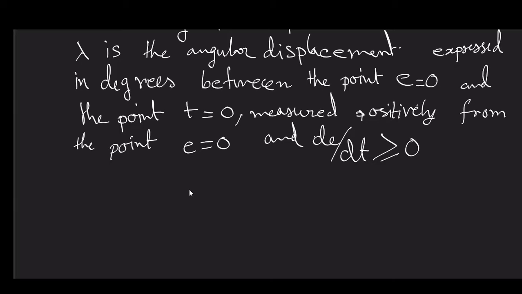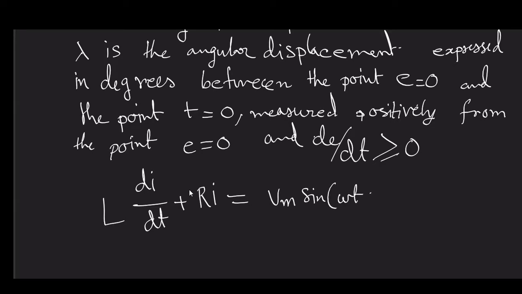Now for the DC case, let me write the equation once again for our ready reference. It is L di/dt plus Ri is equal to Vm sin(omega t plus lambda), right?